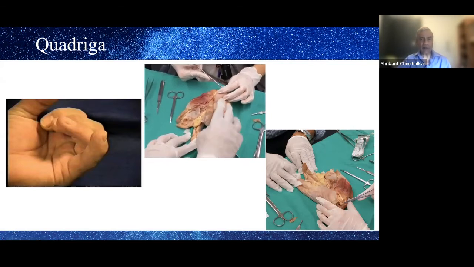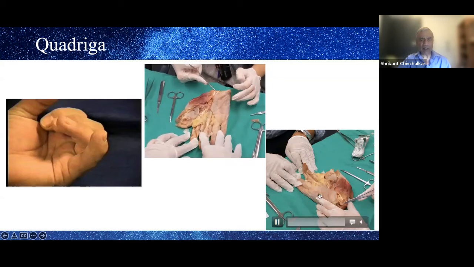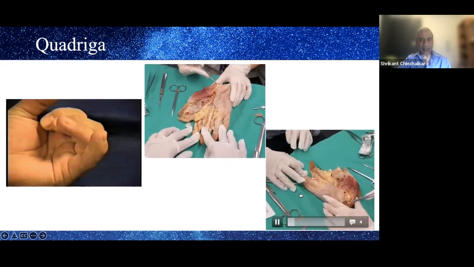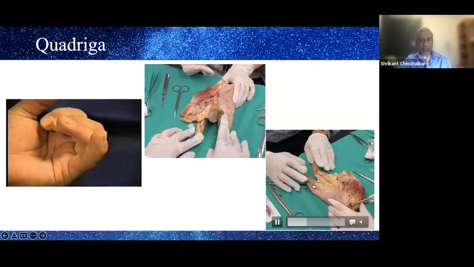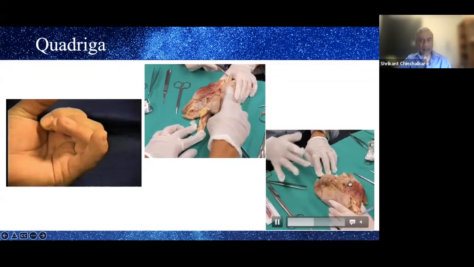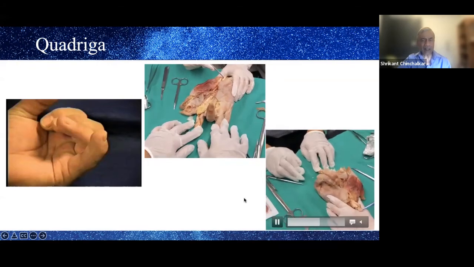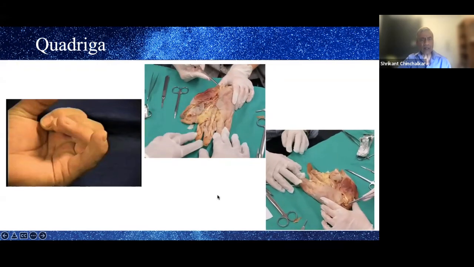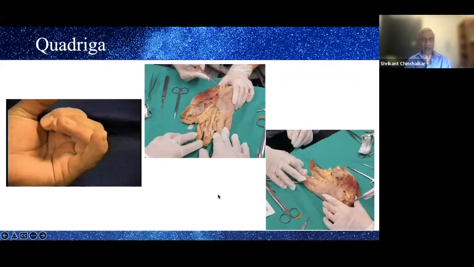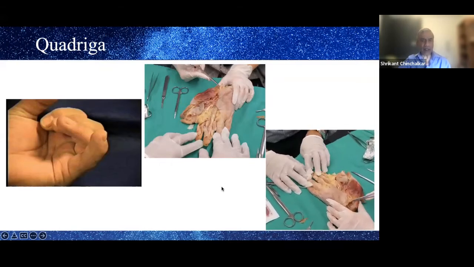If we limit the gliding amplitude of one of the tendons, as we're demonstrating right here, we can see that because of the limited gliding amplitude of one finger, the other fingers have difficulty flexing as well. Therefore, it is important for us to block the metacarpophalangeal joint and maximize the mobility of the PIP and DIP.